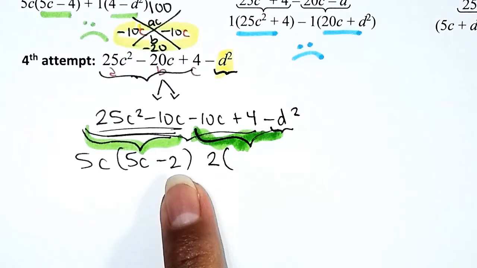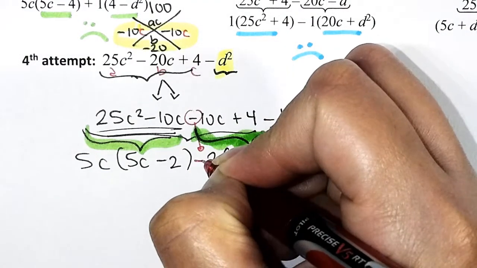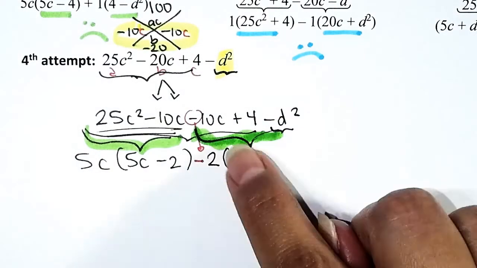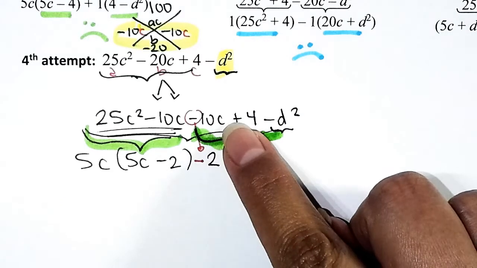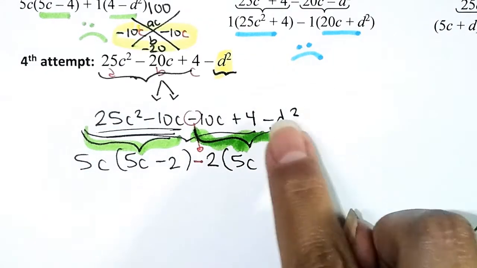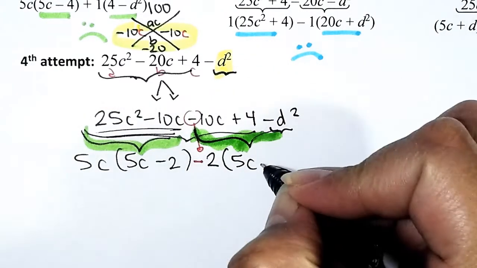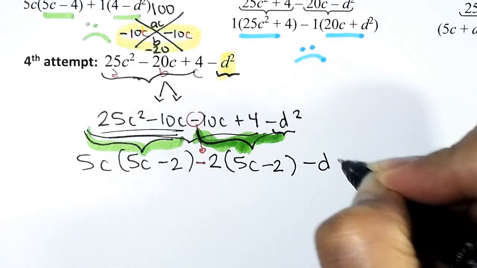Who cares if the rest are negative? So for that reason, we're going to factor out a -2. Let's take our time. First term over common factor, -10C over -2 will give us 5C. 4 over common factor will leave us with -2. Close the grouping symbol and then bring down the rest of the problem.